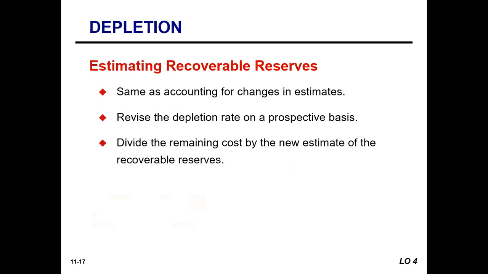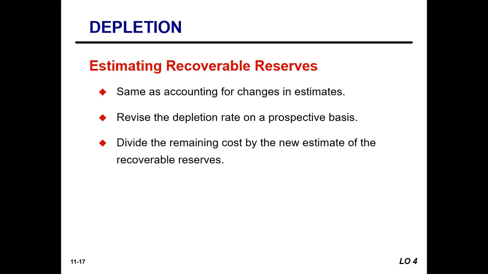Okay, so estimating recoverable reserves, just like it shows here, this is not a retrospective adjustment. We don't have to go back and make any adjustment for previous years. When we have a change in estimate, that's a prospective adjustment. So we just make adjustments to our calculations for upcoming or subsequent years, right?